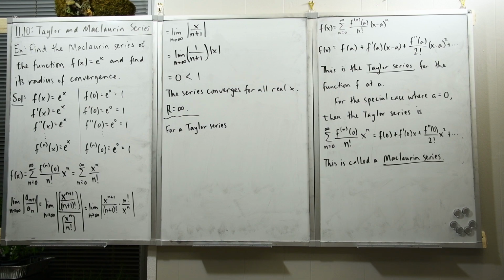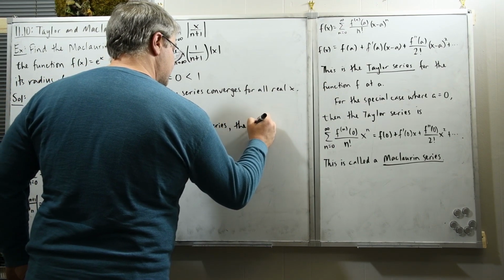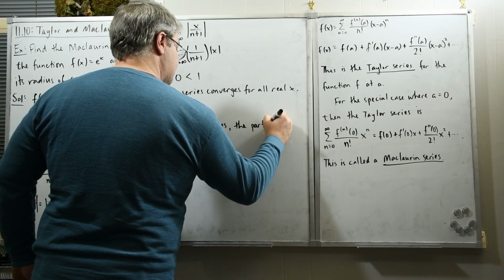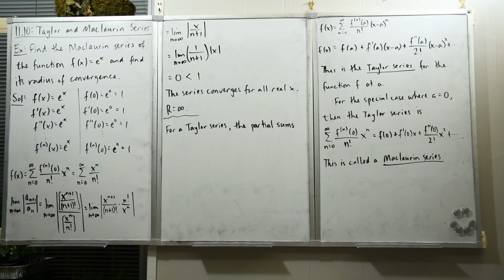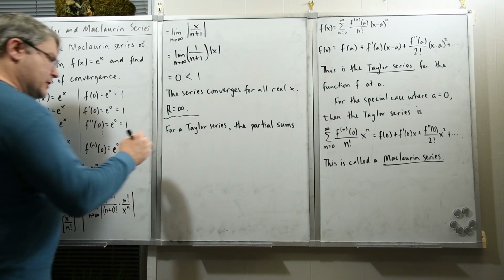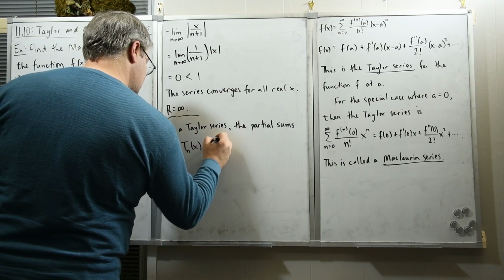So for a Taylor series, we can take a look at partial sums. For a Taylor series, partial sums are, we're going to call these t sub n of x.